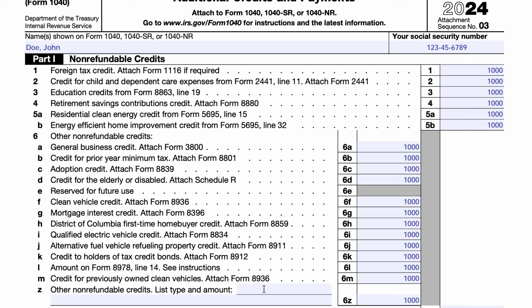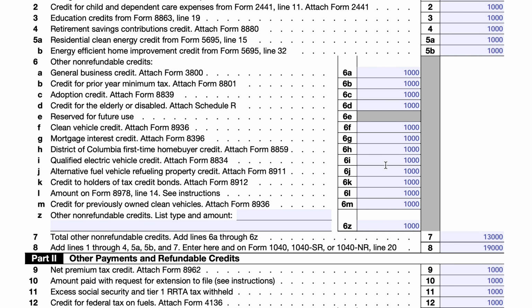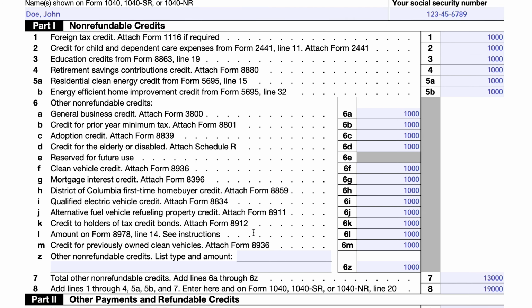If you are taking a credit for a previously owned clean vehicle that meets the same criteria, then that would go into line 6M. So again, with IRS Form 8936, be careful which credit you're claiming in which order. In this case, this doesn't matter nearly as much as the Form 3800 credit, and making sure that that's right, because all of these figures get totaled up, but that's the technically correct approach.